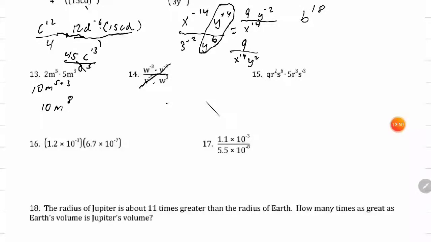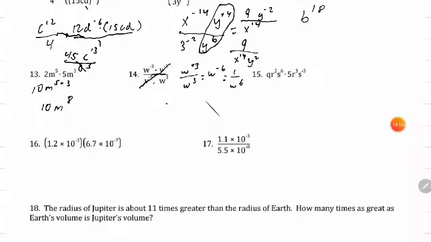So those cancel. I'm left with w to the negative 3 over w to the 3rd. So w to the negative 3 minus 3 is equal to w to the negative 6. We don't like that, so 1 over w to the 6.